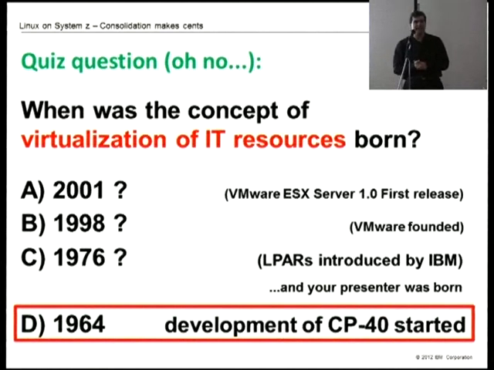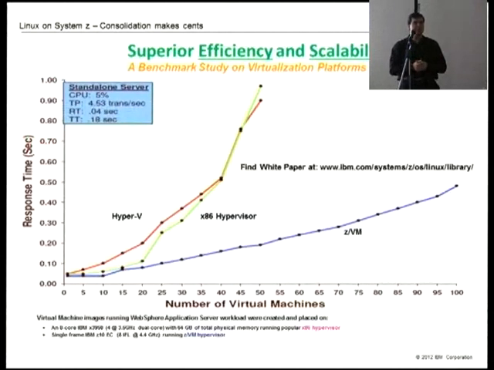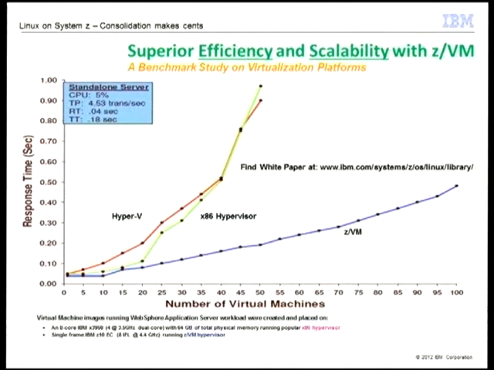Right when the first mainframe, the first System/360, was introduced, that's when IBM started the development of something then called CP-40, which over the years evolved into what we nowadays call z/VM. That's the software hypervisor for the mainframe.